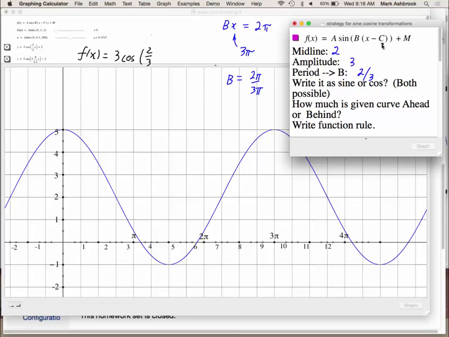What is C? C would be how much ahead or behind our graph is of the standard cosine. 0, right? So it is a standard cosine. So C is 0. Plus M, 2.